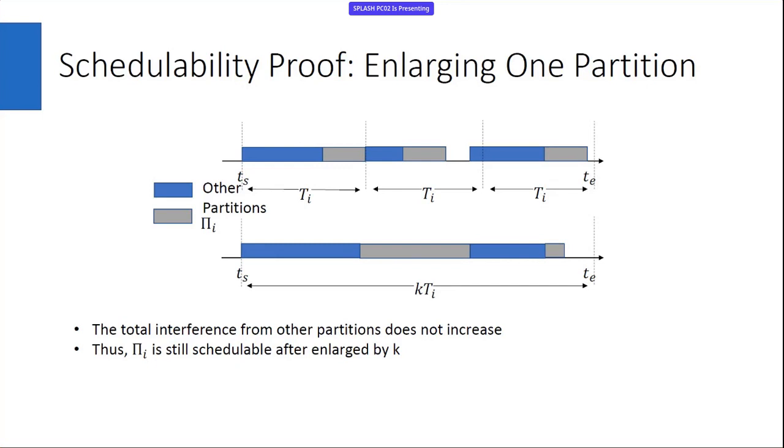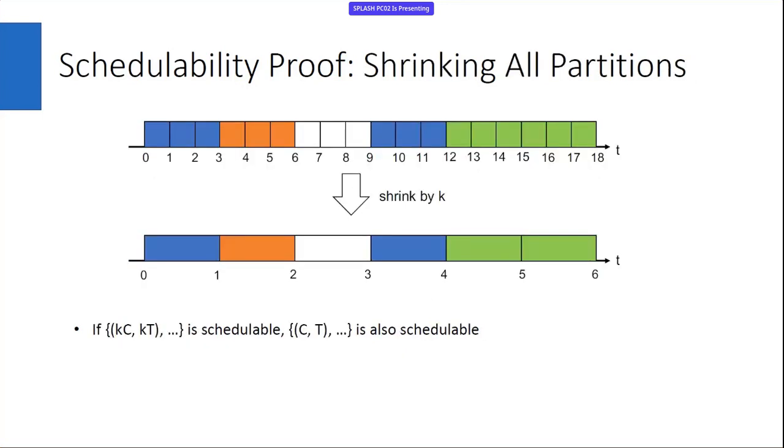Therefore you can show this is still schedulable. And once you enlarge all the partitions so that all the periods and all the budgets are divisible by k, you can prove their schedule will always be scheduled in a way where all these consecutive slots are also divisible by k, and so you can do the shrink-by-k operation to get to the real schedule you would otherwise get.